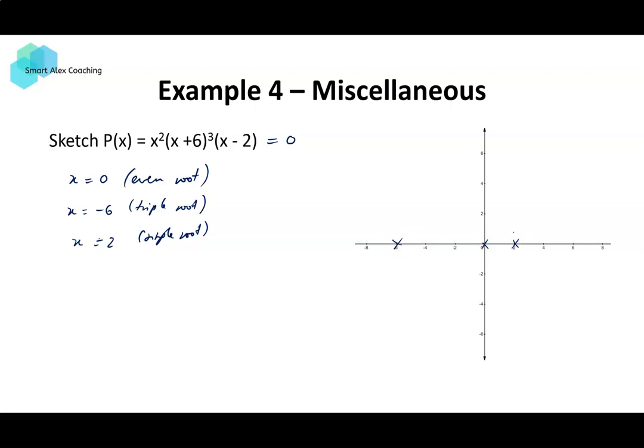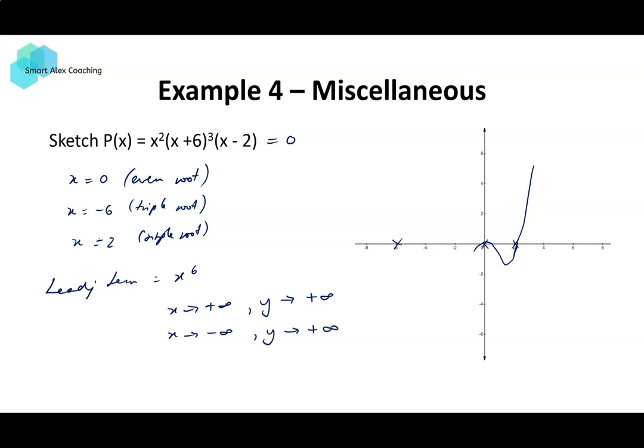The leading term for p of x is going to be x to the power of 6. So when x approaches positive infinity, y will approach positive infinity. When x approaches negative infinity, y will still approach positive infinity. Putting everything together, I'm going to cut the curve at x equals 2, and at x equals 0, I have an even root, so I'm just going to touch at x equals 0.